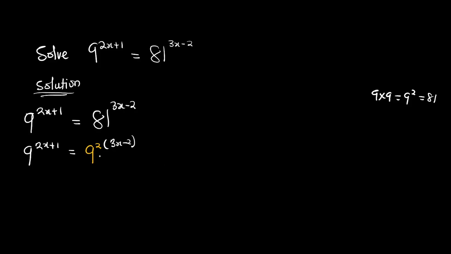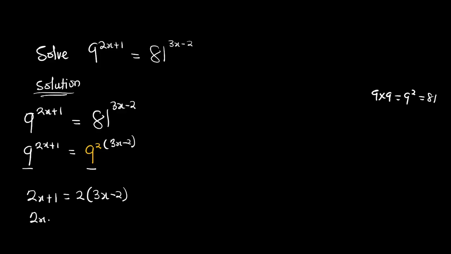Now from here, we can proceed to equate our powers because the bases are the same. I will equate this and this. So I now have 2x plus 1 is equal to the 2 here at the top into brackets 3x minus 2. From here, it's just a simple equation you solve and then you get your answer.